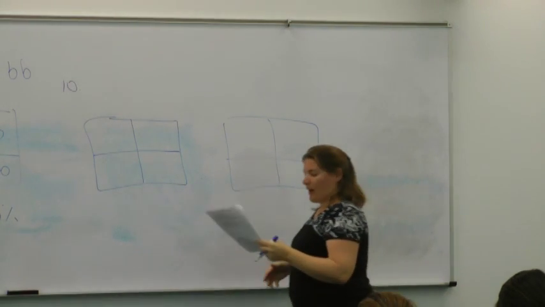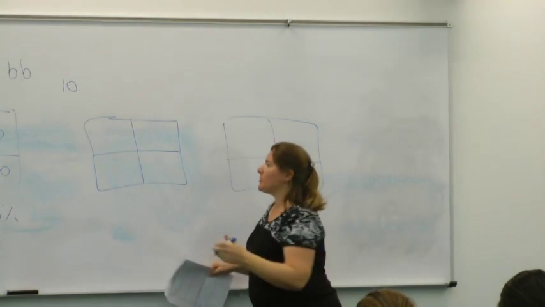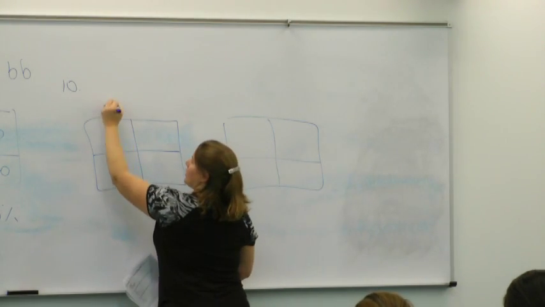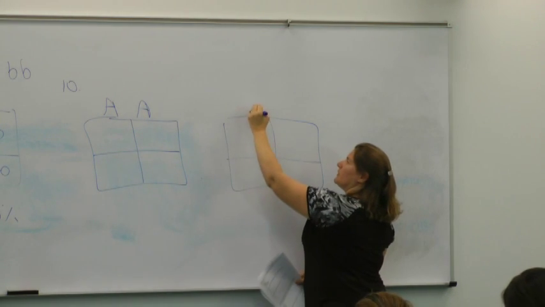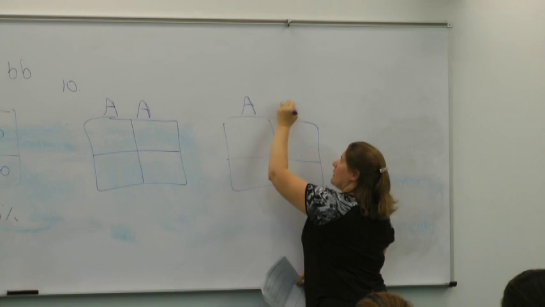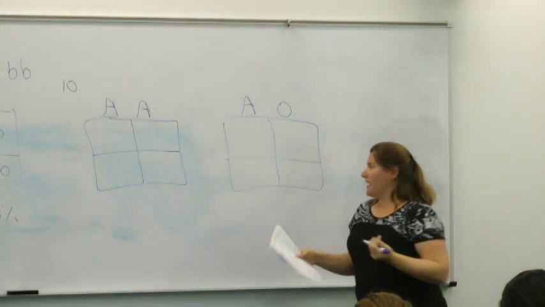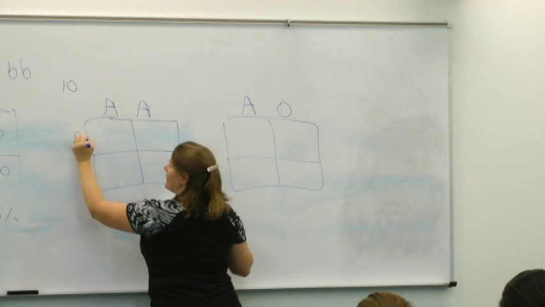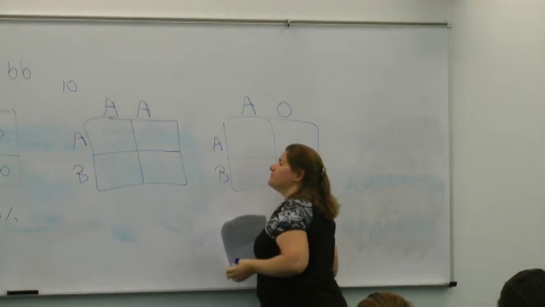Okay? So father is blood type A. So what 2 possible genotypes would he be? He could be homozygous for A blood, AA, or he could be AO, heterozygous for A blood. The mother is type AB. So let's go ahead and put an AB on each side of the Punnett square box.